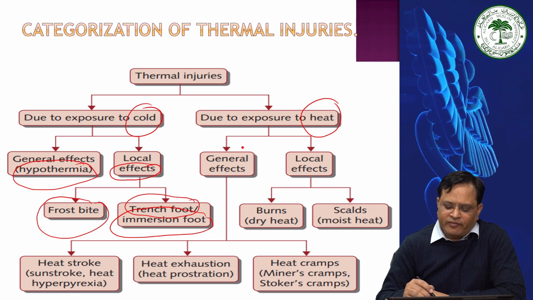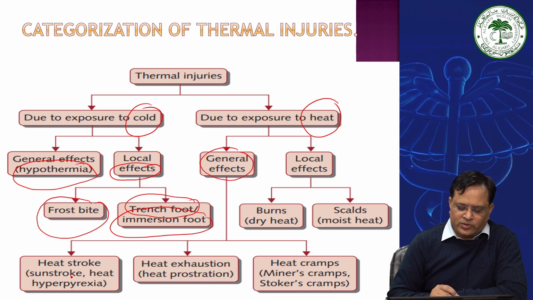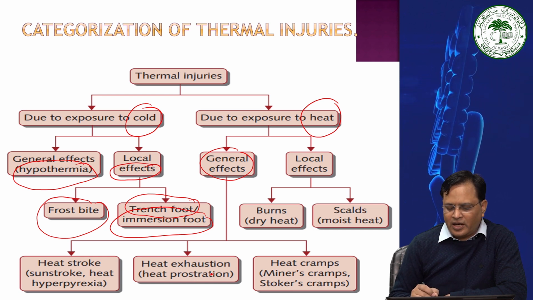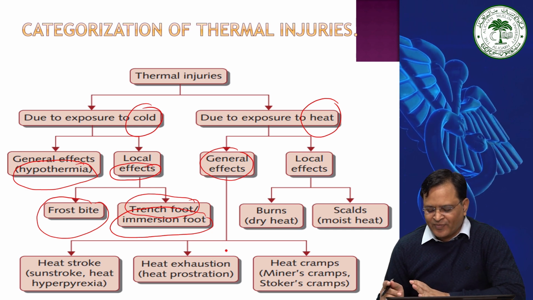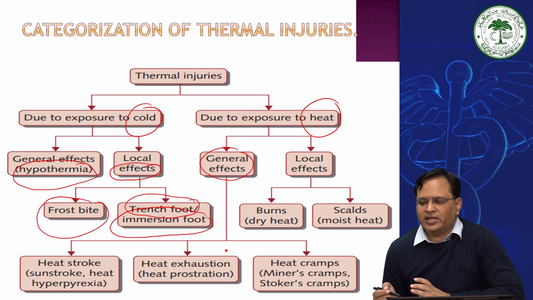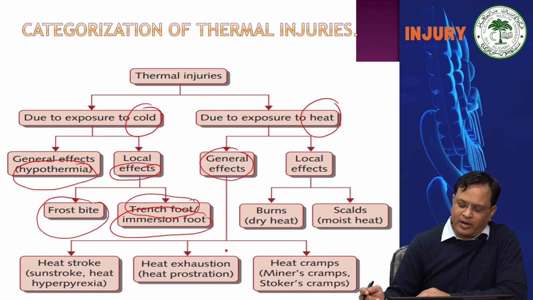In heat we can have a general effect, which can be heat stroke and heat exhaustion, which we have already discussed, and heat cramps, which generally happen in high heat and humid conditions, when cramps of the muscles occur.